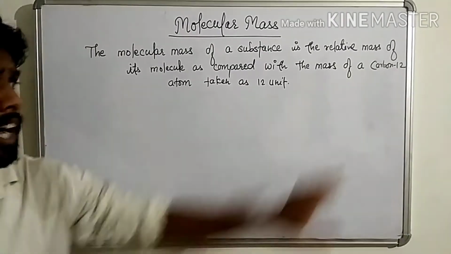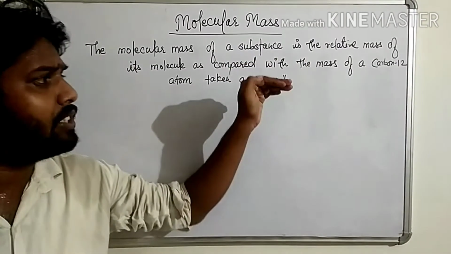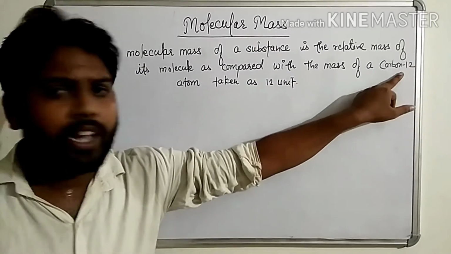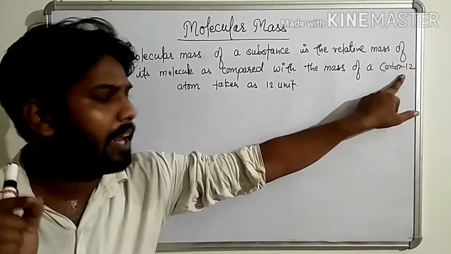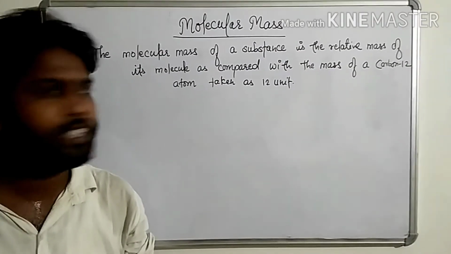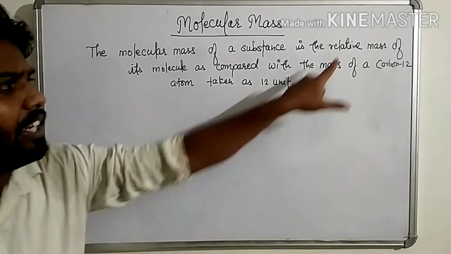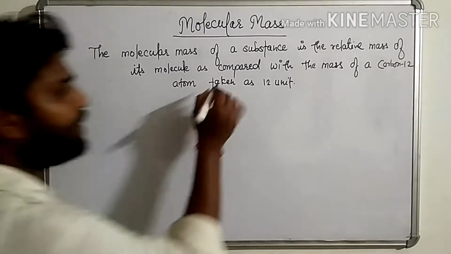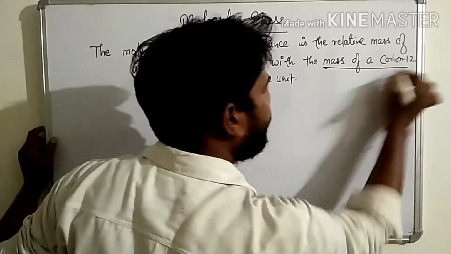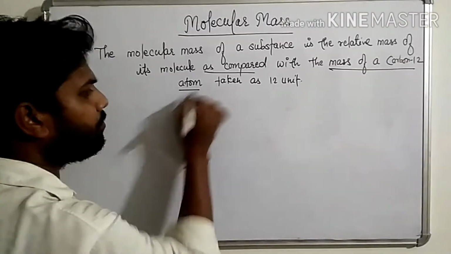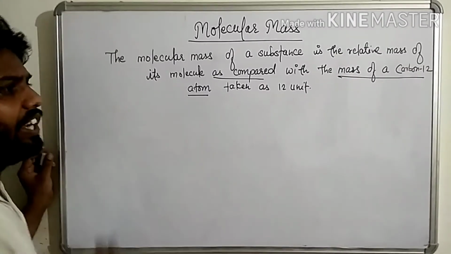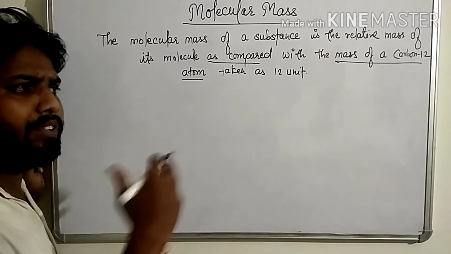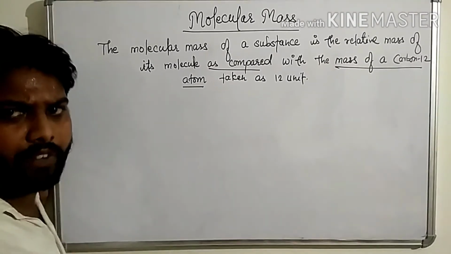Carbon 12 means the mass of the molecule will be compared with the 12th part of the carbon 12 atom. So we can write it is the relative mass of its molecule as compared with the mass of a carbon 12 atom. This also indicates how much heavier the molecule is than the 12th part of a carbon 12 atom.